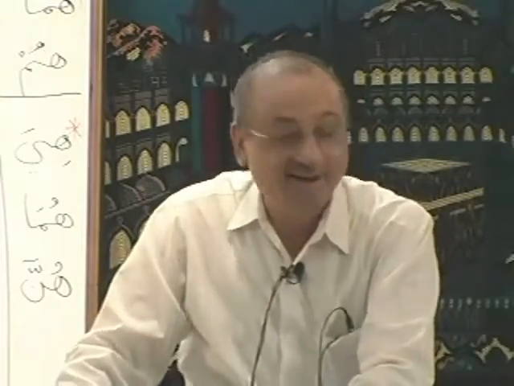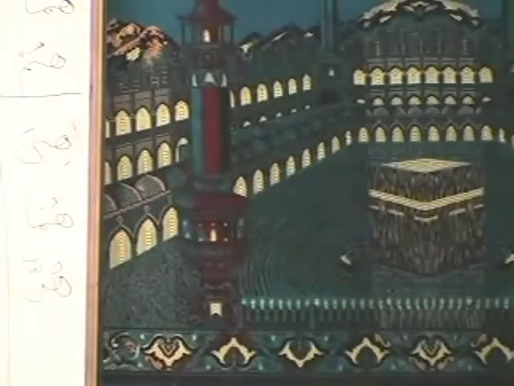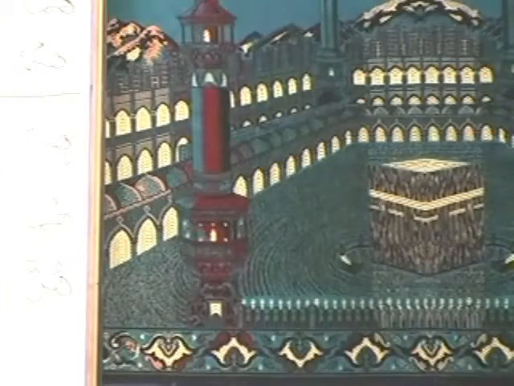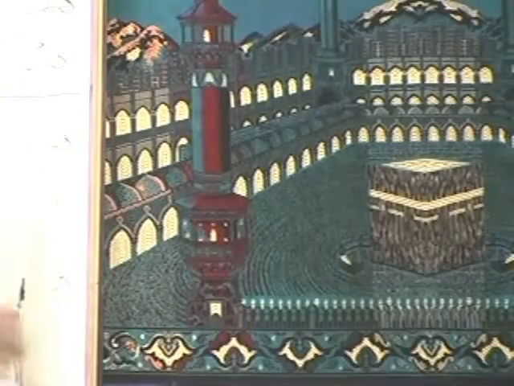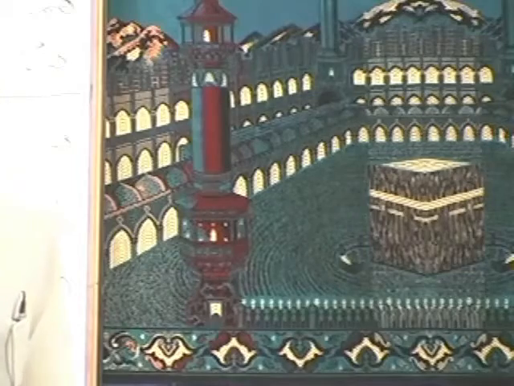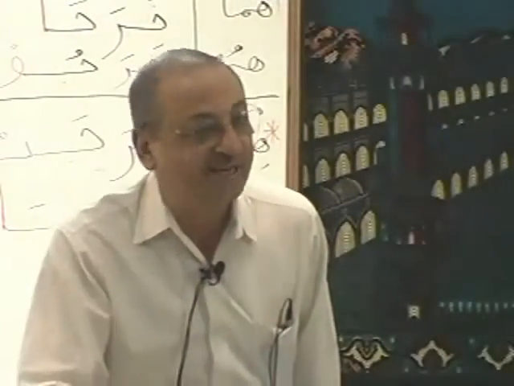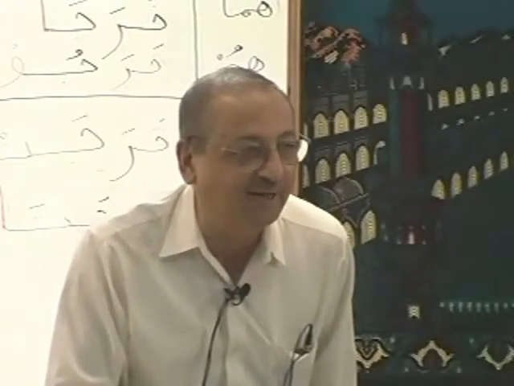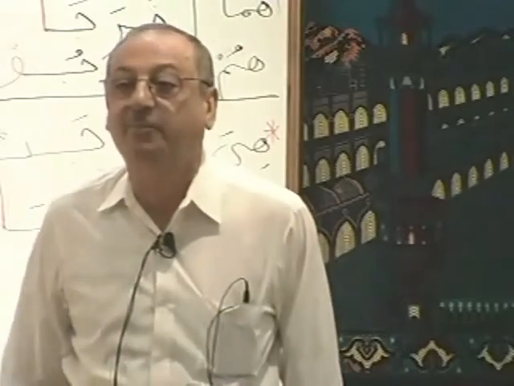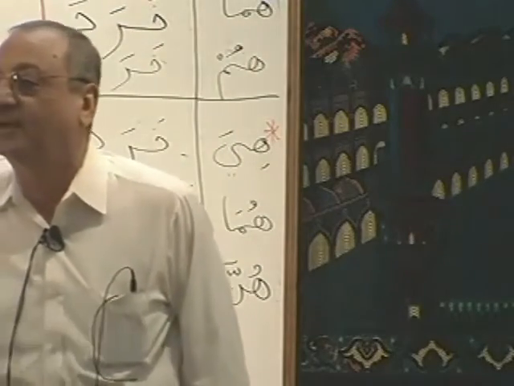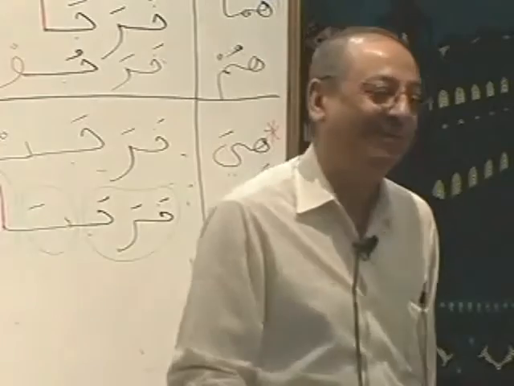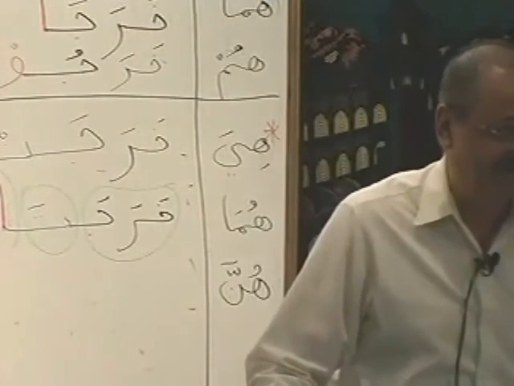Are you with me, brother? When I say MuththaHarrik pronouns, it means the pronoun has a vowel sign, otherwise I won't be calling it MuththaHarrik. But when it is a MuththaHarrik pronoun, what happens to the lam kalima? It gets sukun. Are you with me now, brothers?